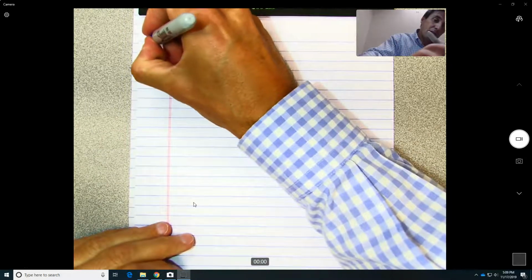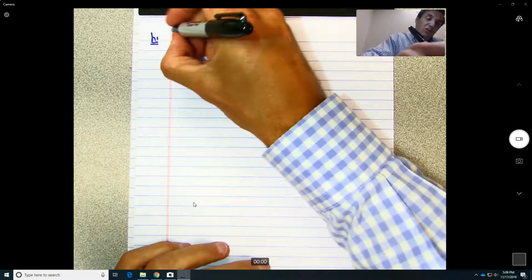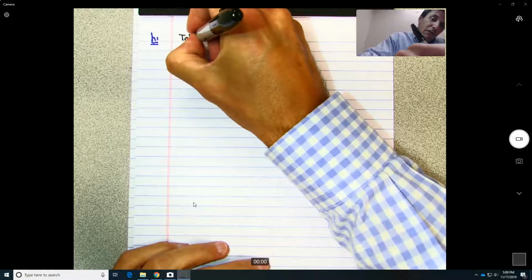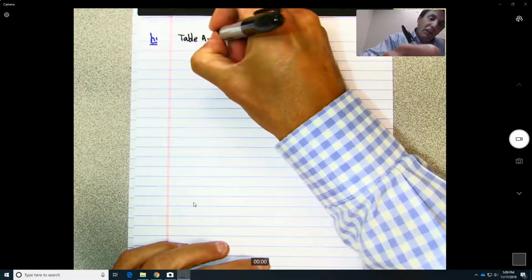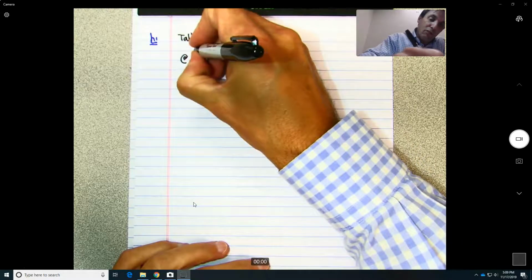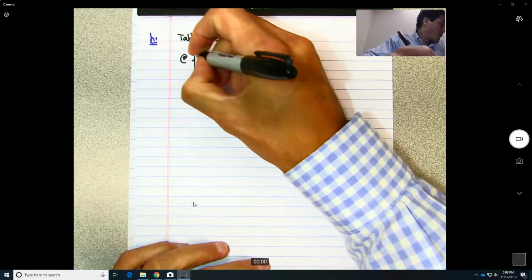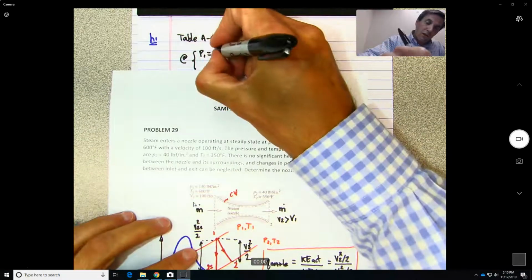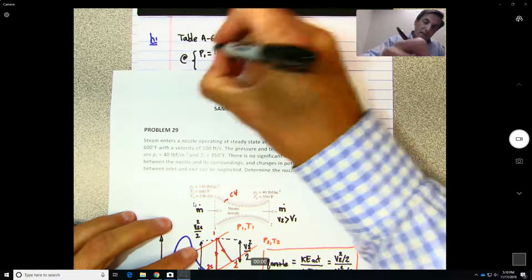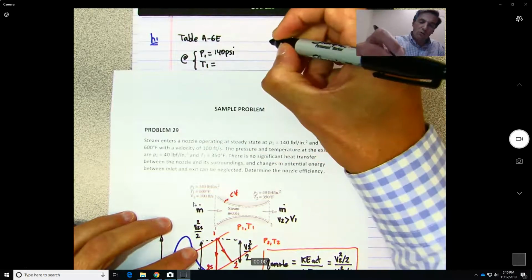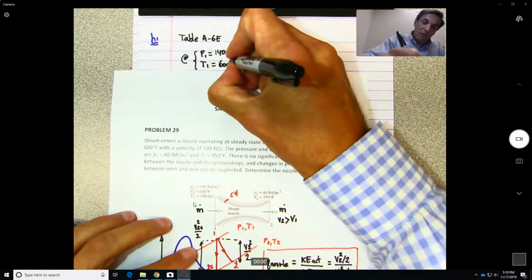Alright, so let's go first to find H1. Let me zoom out a little bit now. So to find H1, you will see from the table that state 1 is superheated. So that means we need to go to table A6E for the English units and we need to know two things. So we know that P1 is equal to 140 psi, and that T1 is equal to 600 degrees Fahrenheit.